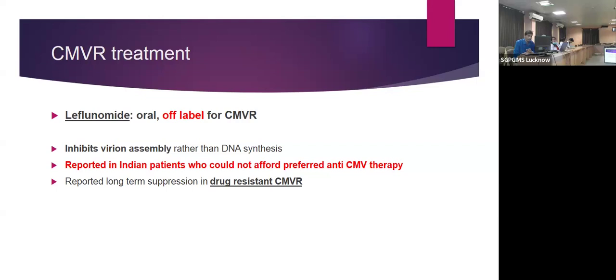It is used off-label by Indian doctors because it is much cheaper than the earlier drugs. Long-term suppression is also reported in drug-resistant cases, which respond well to this drug, but there is no trial available. Just a few cases are reported from India, so we have to wait for this drug.